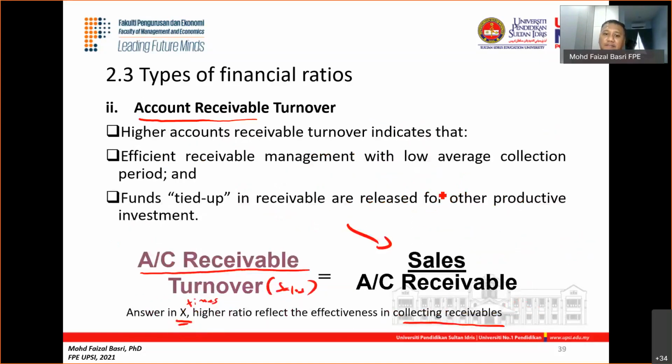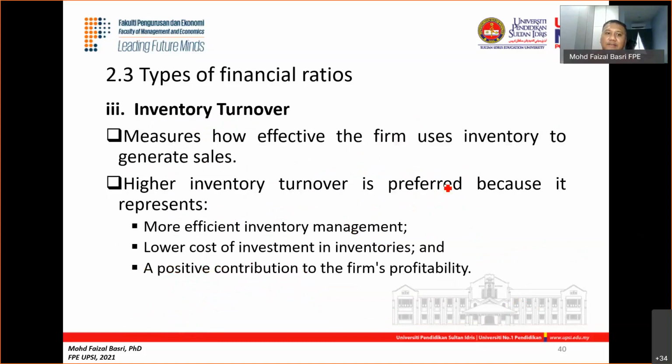Instead of sales, we will prioritize using cost of goods sold. Because when we talk about inventory, usually we will focus on the costs. But to read the ratio, again, the higher the ratio, the better, because we want to see how efficient the company manages their inventory.